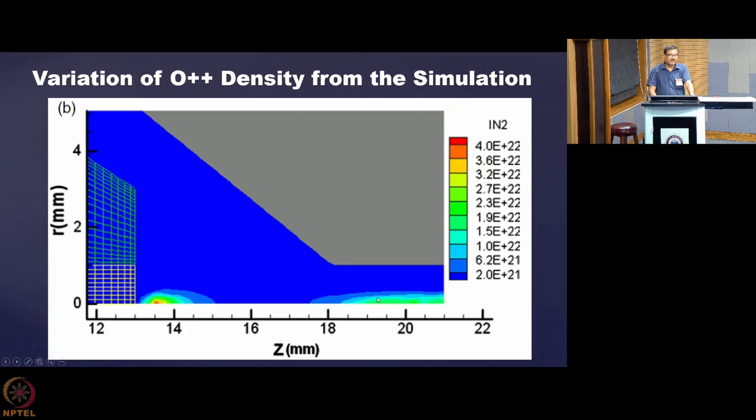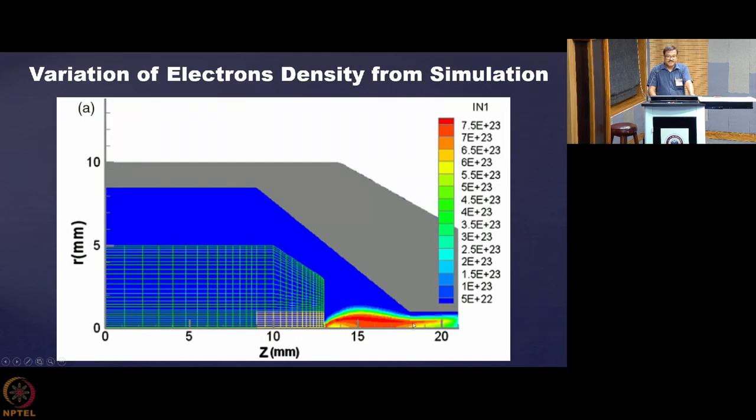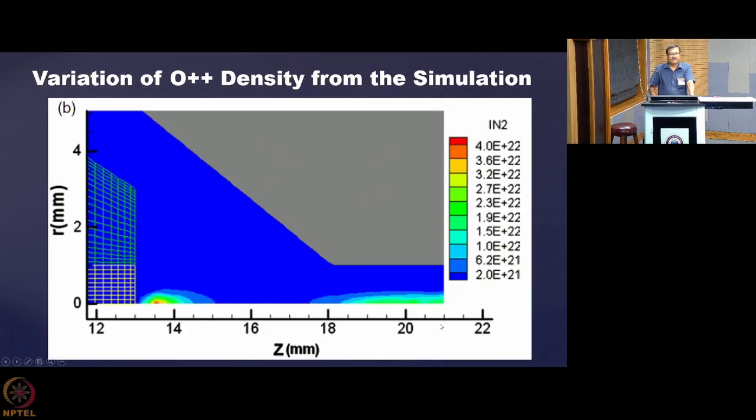Some of them will have the second ionization here, and here also you see that the density is reducing, changing from red to yellow. Why is it yellow? Because some of them have been converted into the second ion state because of the very high temperature existing over there.